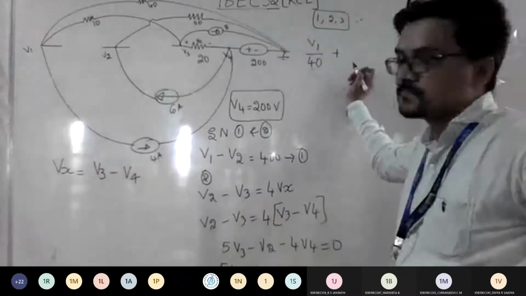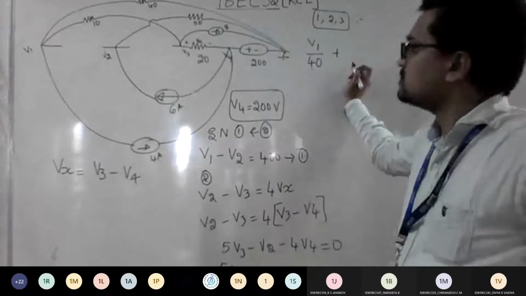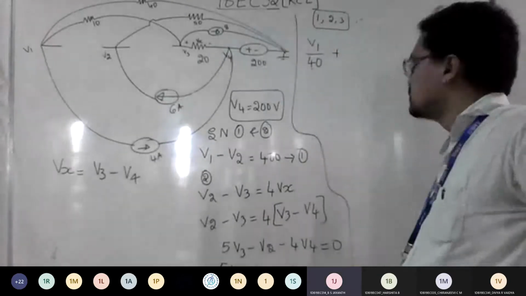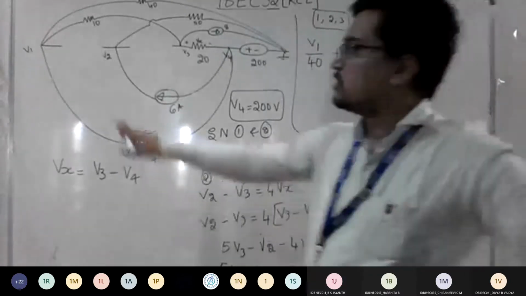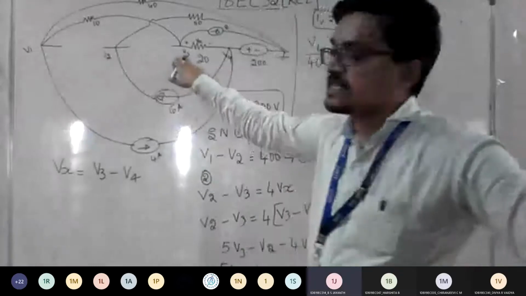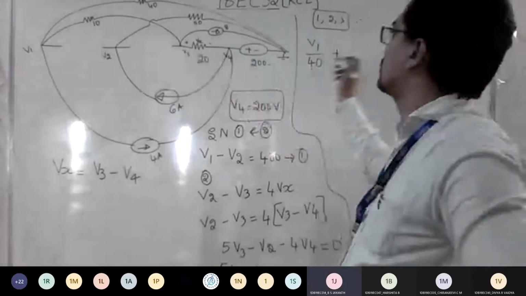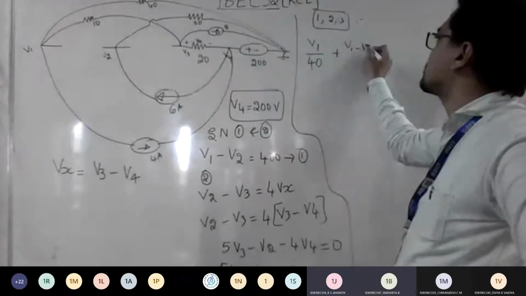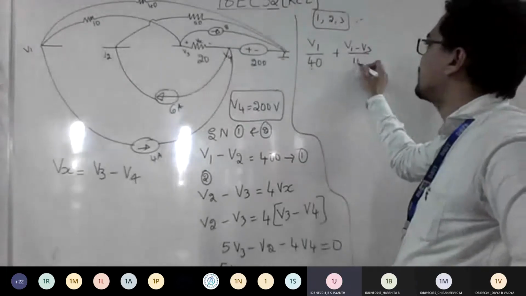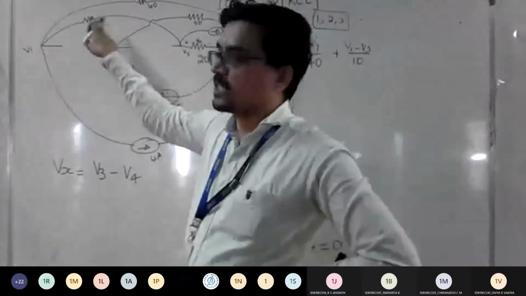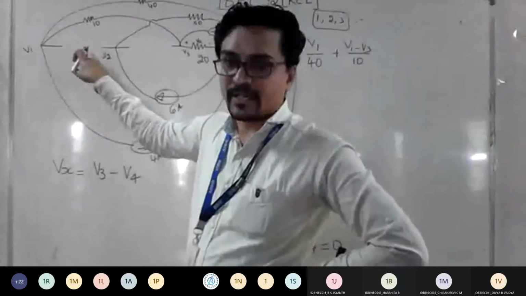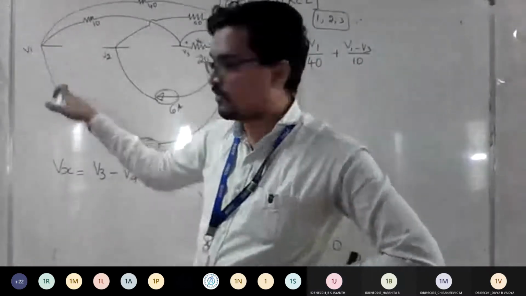Plus next. What is next? V1 minus V3 by 10. Correct? Good. This branch. The other branch is open, I can't take, but there is one more branch of current.